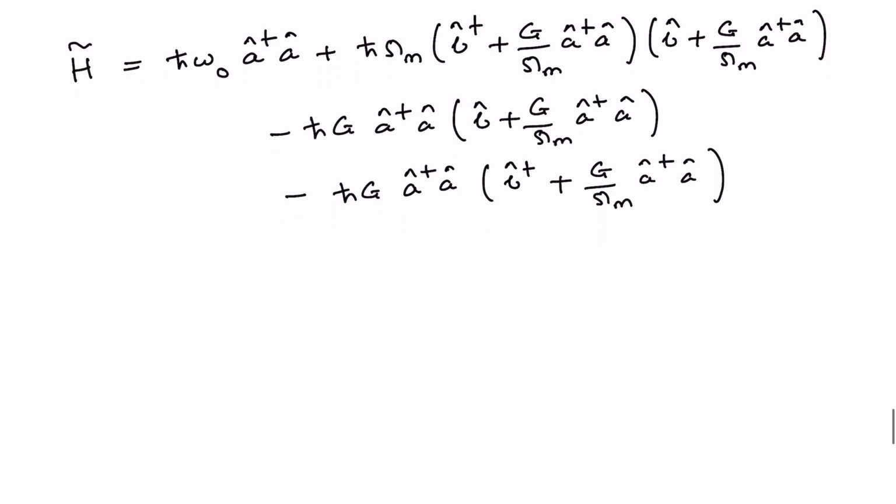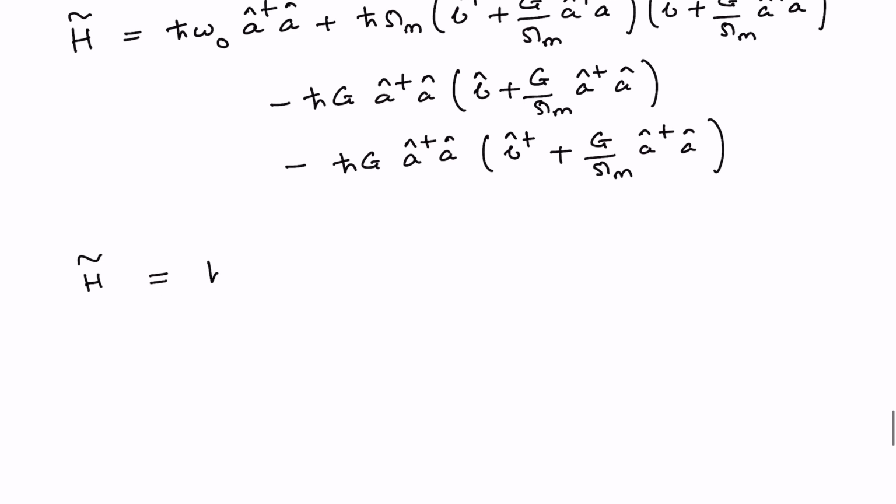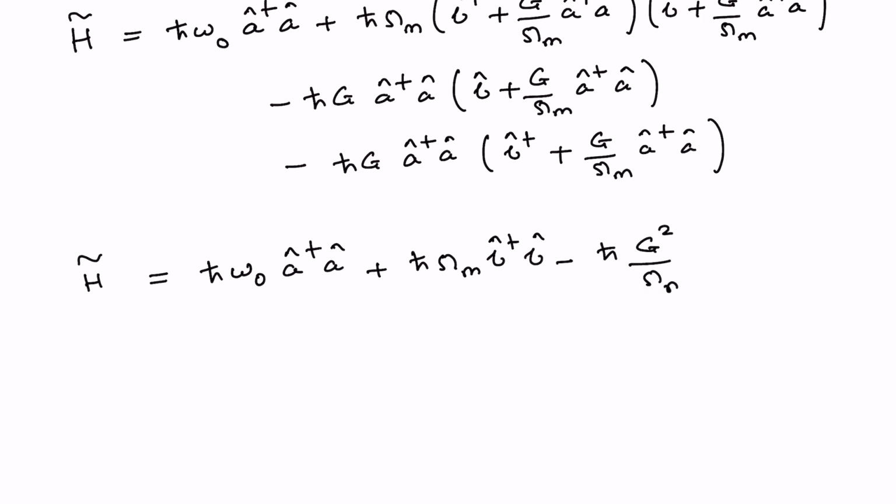Now if you open it up and do the algebra, you are going to get H tilde is equal to H per omega 0, A dagger A, plus H per omega M, B dagger B, minus H per Z square divided by capital omega M, A dagger A whole square.